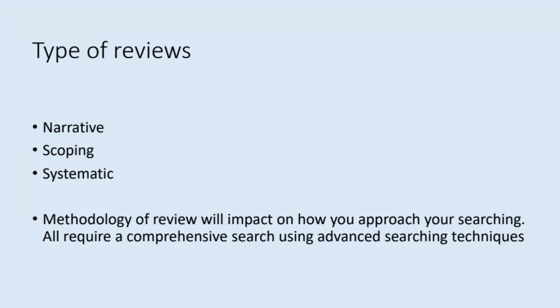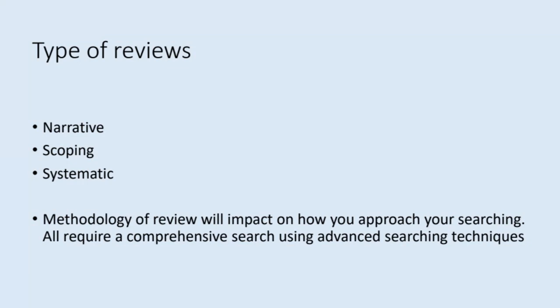Okay, and then finally, and some of you have mentioned this, we have a systematic review. And a systematic review, for those of you who don't know, attempts to identify, appraise, and then synthesize all of the empirical evidence that meets pre-specified eligibility criteria to answer a specific research question. So a systematic review will use very explicit search methods and also explicit synthesis methods.